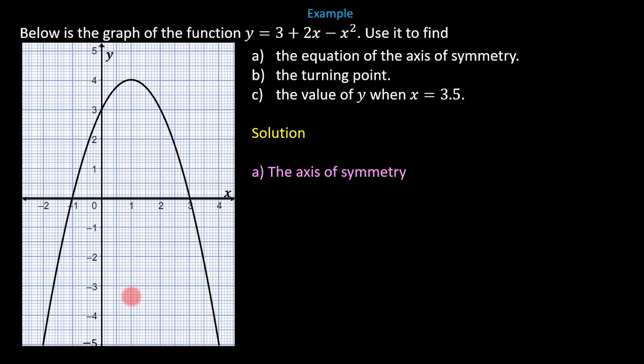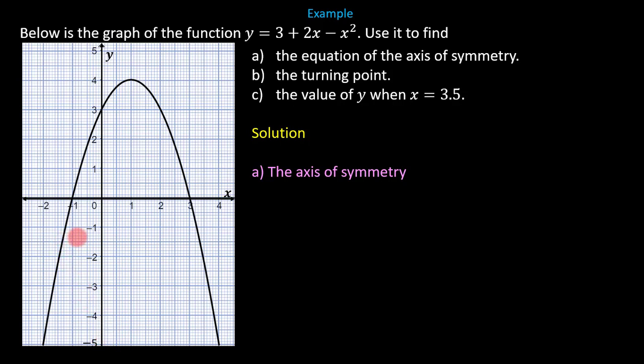Now, as I also said earlier, at times when there is no root or the graph does not intersect the x-axis, you can also pick two x values that have the same y value. On the graph, you realize that negative 2, as you can see here, has a corresponding y value of negative 5. And again, positive 4 also has a corresponding y value of negative 5.